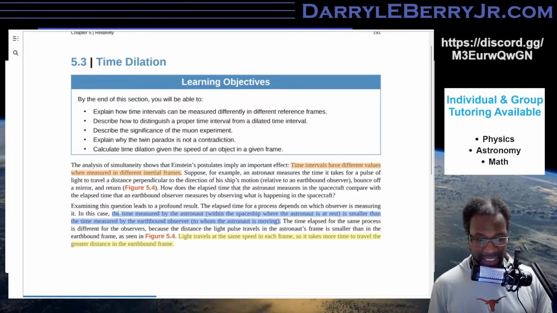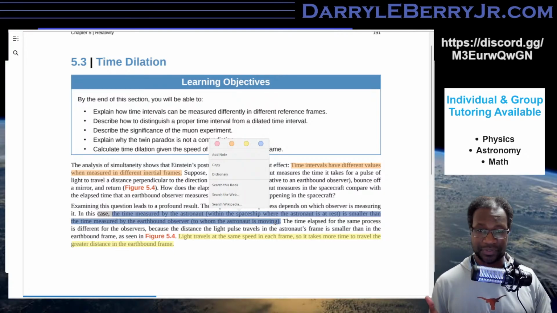And to highlight in the next paragraph, the time measured by the astronaut within a spaceship where the astronaut is at rest is smaller than the time measured by the earthbound observer to whom the astronaut is moving. And later, the book will describe these two time frames of reference as proper time and dilated time.